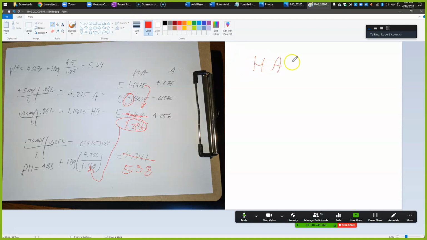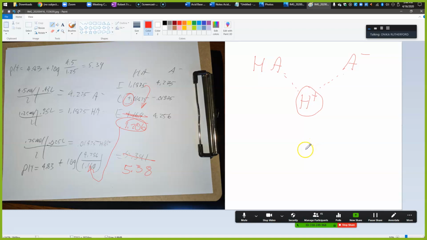All of the buffers have a weak acid and a salt of the weak acid, okay? In this case, our addition was hydrobromic acid, which means we're really just adding H+. What is this thing going to react with, this or this?